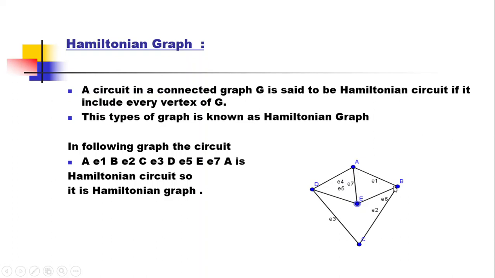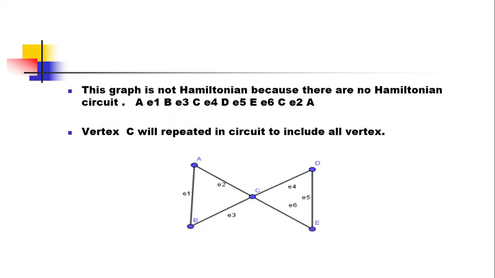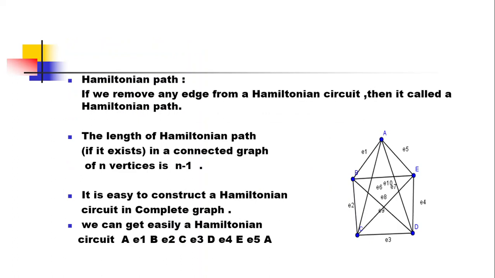That is E1 B, E2 C, E3 D, E5 E. So that is an open walk, and therefore it is called a Hamiltonian path that covers every vertex of G exactly once, and that is an open walk, so therefore it is called a Hamiltonian path. You have to remove only one edge from the Hamiltonian circuit. First it should be a Hamiltonian circuit, then you can check the Hamiltonian path. So that is called a Hamiltonian path.